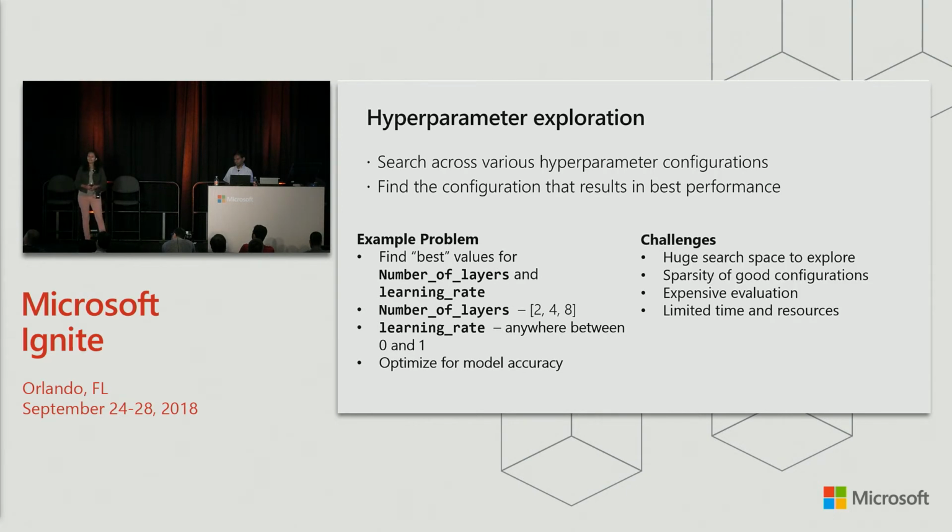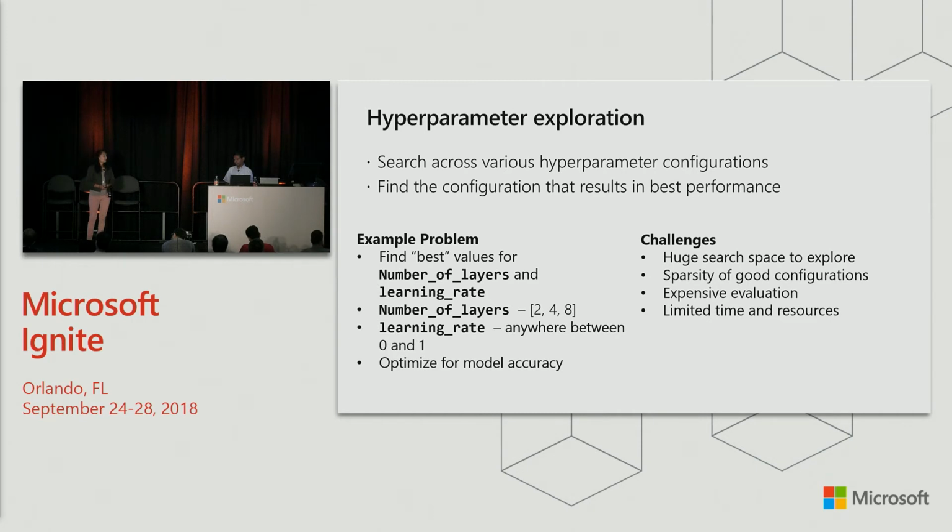Turns out that there are several challenges in doing this. First of all, the space of hyperparameter values is quite large. That is because you might want to tune a large number of hyperparameters, and each hyperparameter can take on several different values. There's also a sparsity of good configurations, which is to say that only a small set of these values end up performing well, while the vast majority actually end up performing quite poorly.